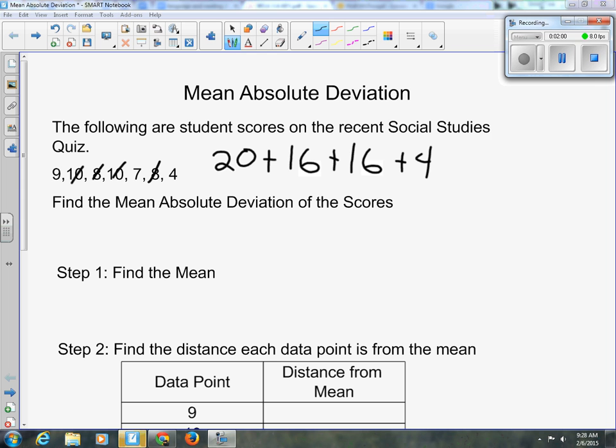Plus 4. Let's go 20 plus 32 plus 4. Right? Because 16 and 16 is 32.